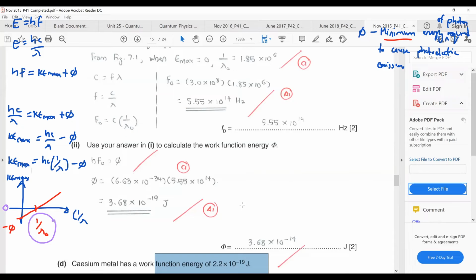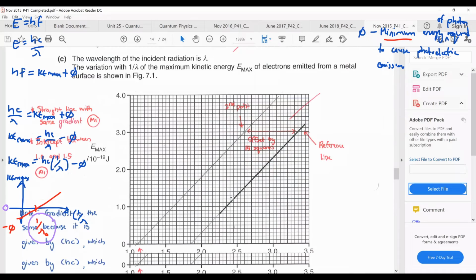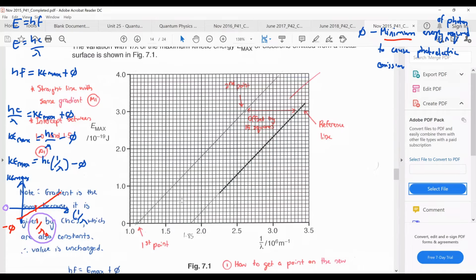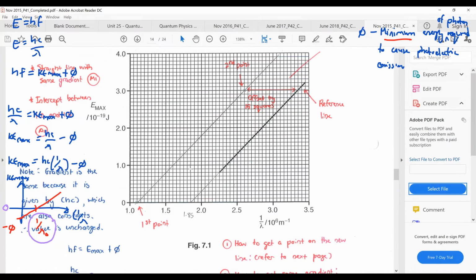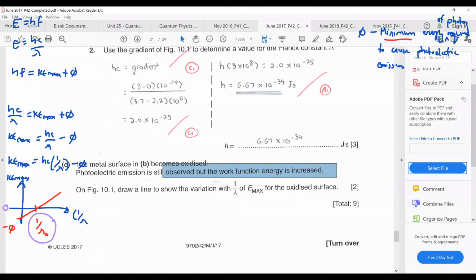Okay, so when you draw this, it's not a matter of drawing the same parallel graph shifted anymore. You have to be a bit specific on where the x-intercept is, because they've already given you the values here. It's different from your question just now.